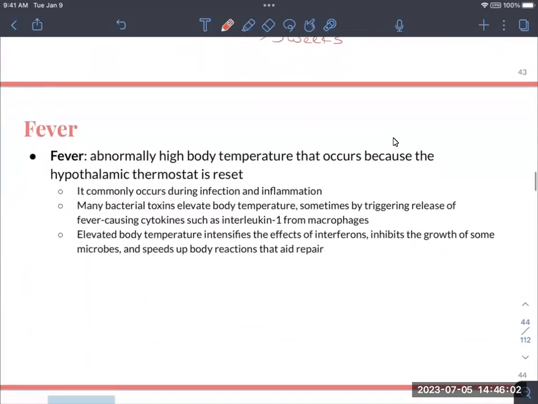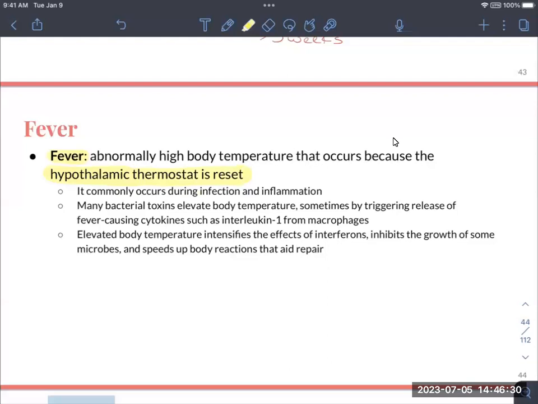A fever is another way your body tries to help fight off pathogens. A fever is technically an abnormally high body temperature because the hypothalamus that sets your body temperature gets reset to a higher temperature than what is normal.